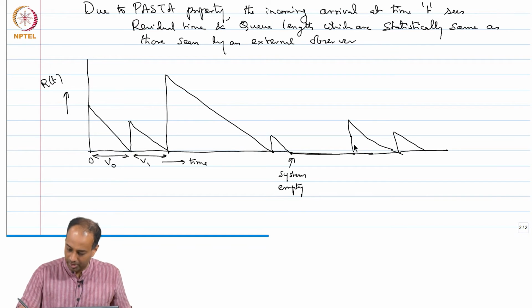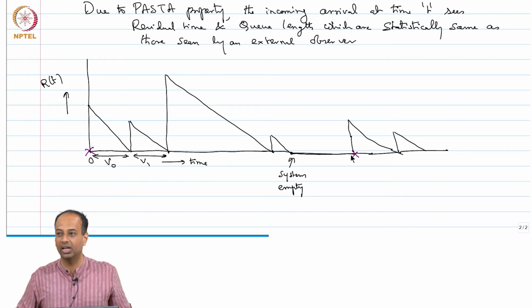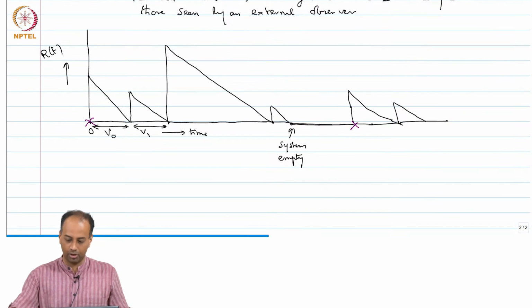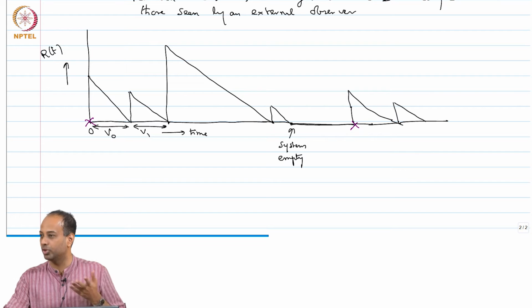So, this is a renewal duration, you know that. From 0 to the first arrival to an empty queue is a renewal duration, and R of t constitutes a renewal reward process for this underlying renewal process, correct.